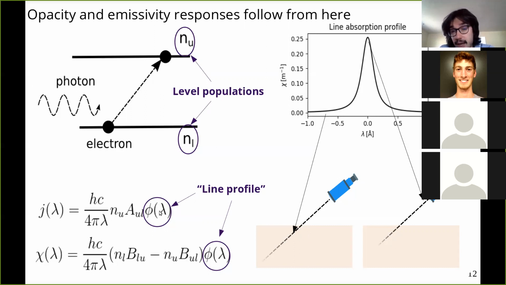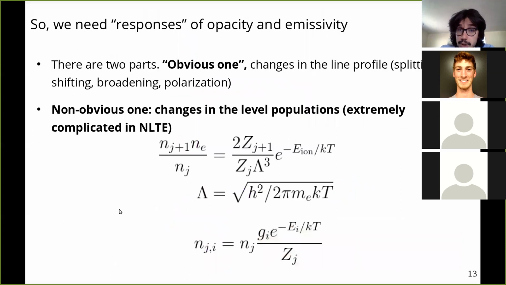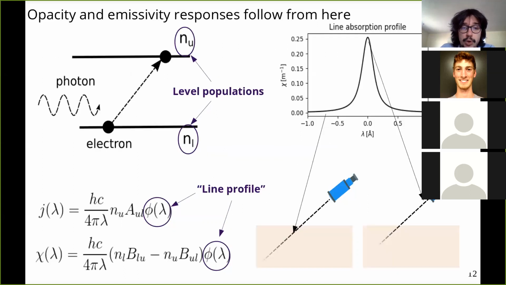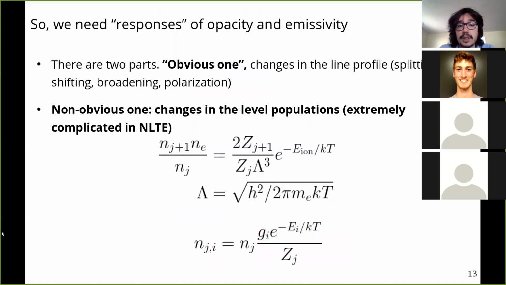If I was, on the other hand, to change the temperature, then this line profile would broaden, but also my level populations would change, because we said that these are basically set by the temperature, if we assume local thermodynamic equilibrium. The changes in this line profile are what I call, in the next slide, obvious changes.